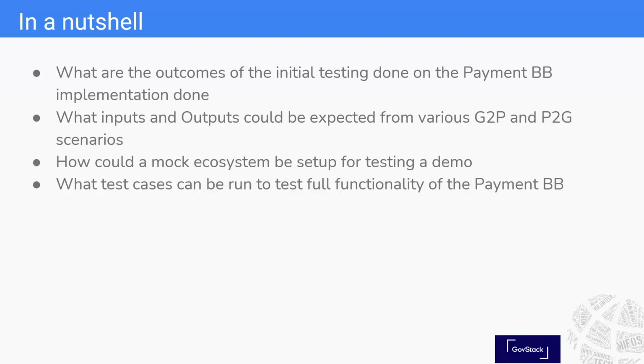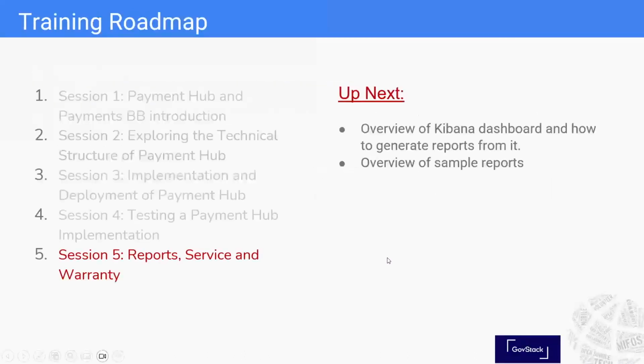And finally, we talked about, if the implementers want to chalk up their own plans for functional testing of the features, what test cases they could use as a benchmark to set up their own test plans and test cases.